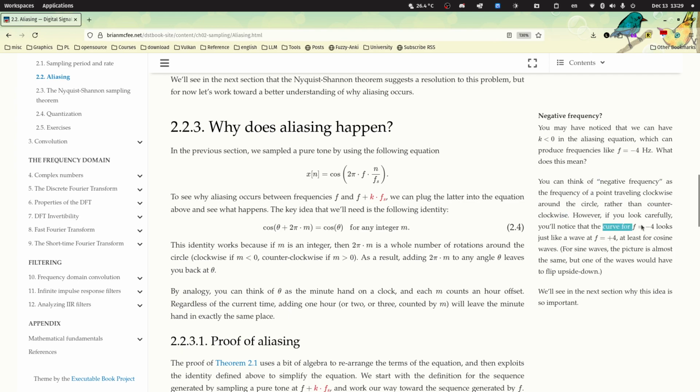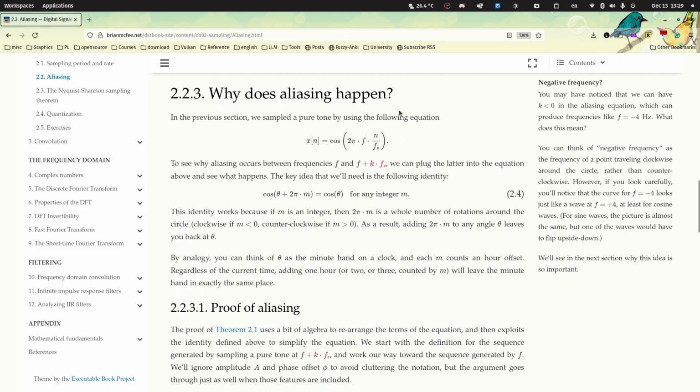But the curve for that looks just like the curve for the positive wave, at least for a cosine wave. For a sine wave it's flipped. We'll later see how that's important. But anyway, why does aliasing happen?